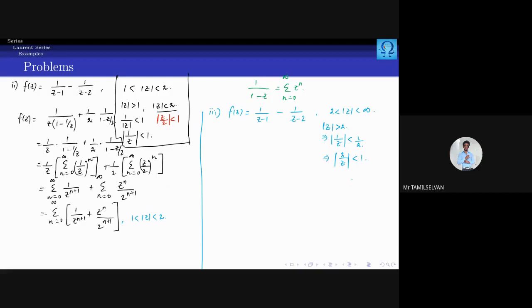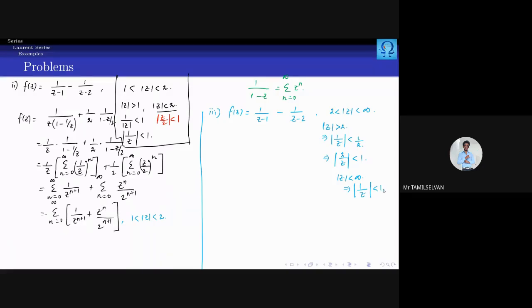We have done the first way. Now what shall we do? Your absolute of z is some finite quantity. So from this we can simply write absolute of 1 upon z is smaller than 1. Just take the reciprocal.